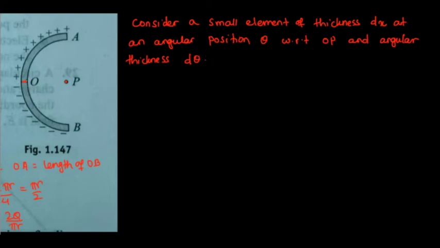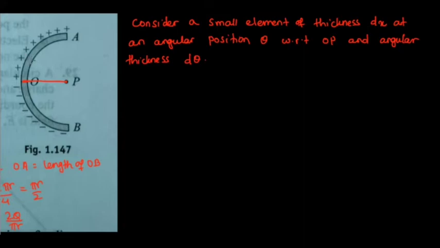So let me first draw this line OP. This is the baseline, and I have to choose a small element of thickness dx at an angular position theta with respect to OP, and I will choose it in the upper half first.